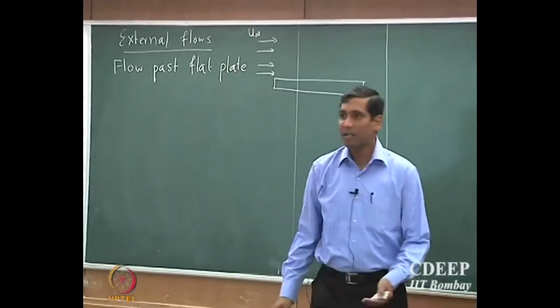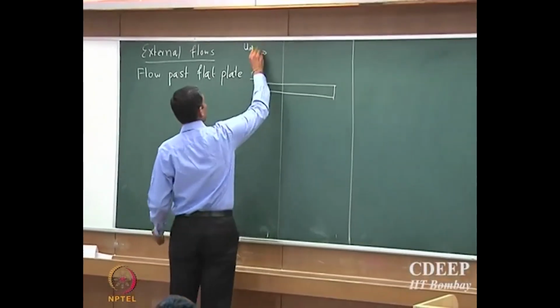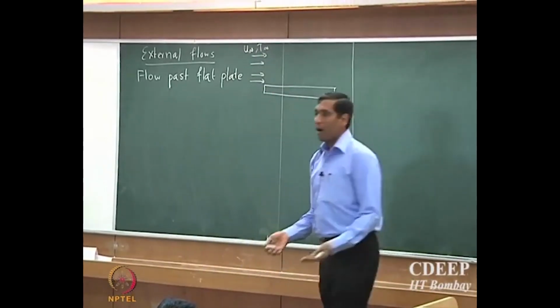Okay, supposing there is a fluid which is flowing at u infinity velocity, and let us say the temperature is T infinity, and there is going to be a boundary layer.